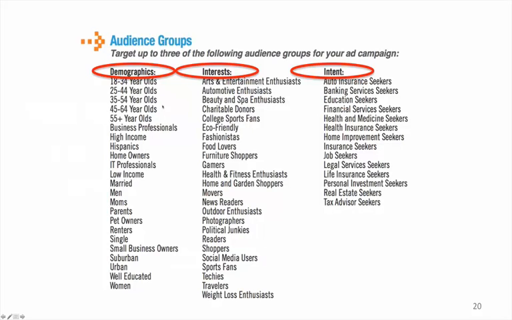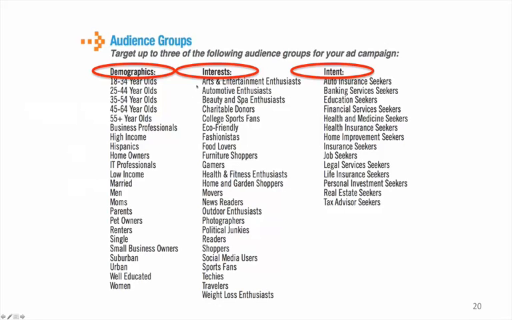So you can see over here under demographics, I can target all kinds of different age groups, business professionals, high income, Hispanics, homeowners, IT professionals, low income, married, men, moms, parents, pet owners, renters, single, small business owners, suburban, urban, well-educated, women. I've got to imagine that every single one of you can look at that list and go, wow, yeah, I can see somewhere in that list my targeted audience that I should be going after.